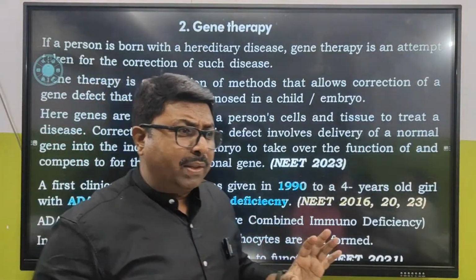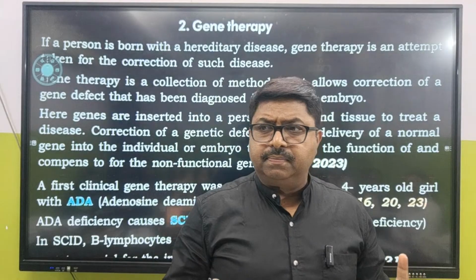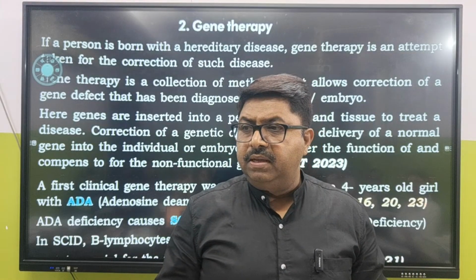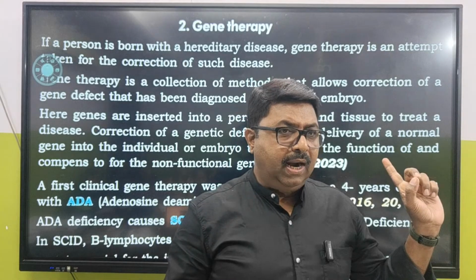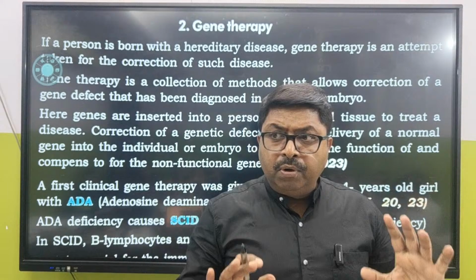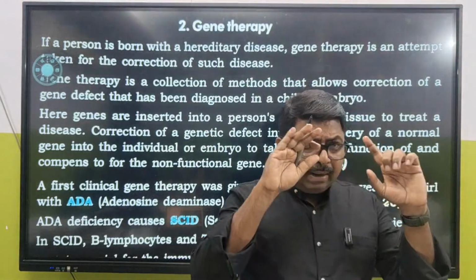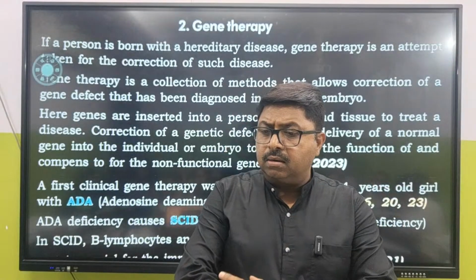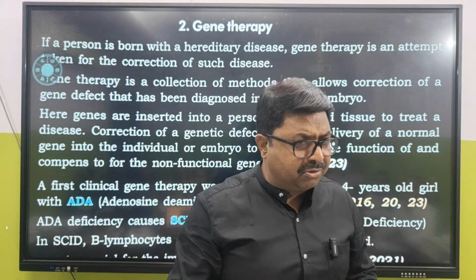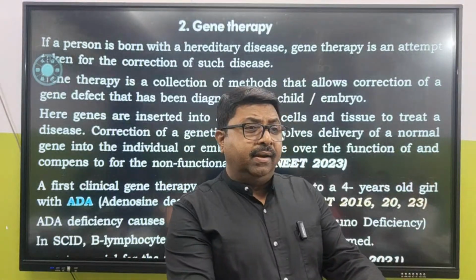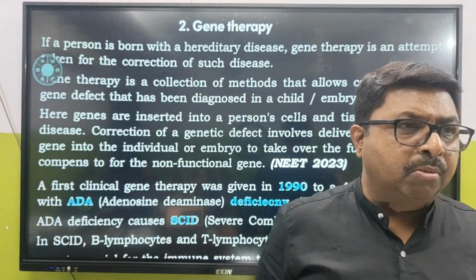Let me tell you one thing. I missed one point. All of you listen to me very carefully. If this was found in a 4-year-old child, the child is not having the defense system, so he was kept under a bubble, a coating, because in the air you have got virus, bacteria, every other pathogen. So a 4-year-old kid without ADA is going to die, because all this bacteria is going to get inside the body.